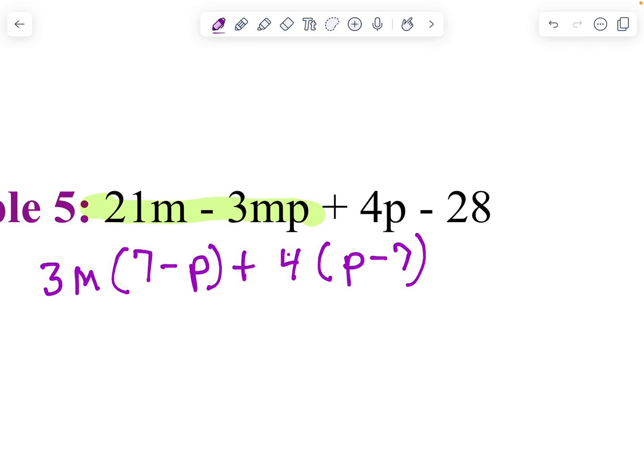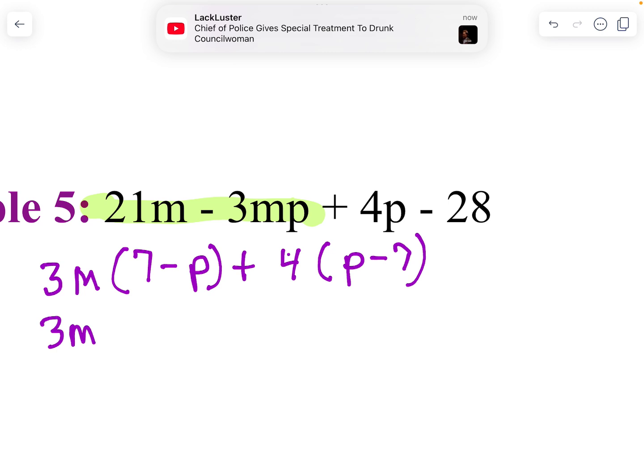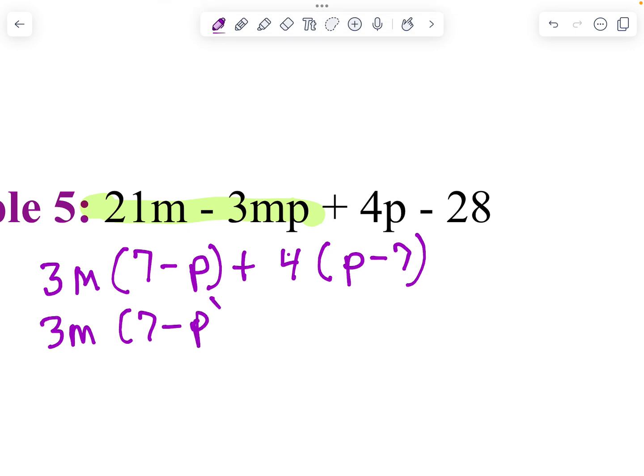So here's what I'm going to do. I want to make them the same. Instead of factoring out a 4, I'm going to pick the second one, it doesn't matter. When they're the same terms but opposite signs, that means the sign I factored out should have been negative. So I'm going to factor out a negative 4. That would make it negative p plus 7.